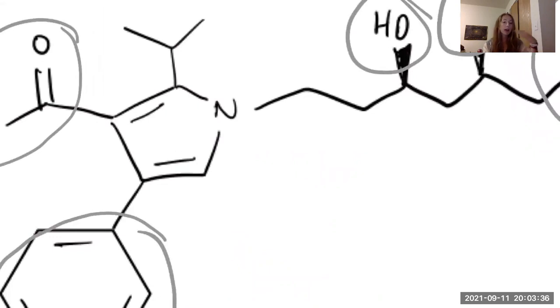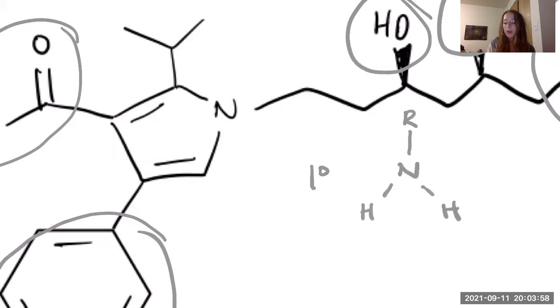If you saw my review video, I went over the difference between primary, secondary, and tertiary amines. A primary amine would be a nitrogen with only one R group. That's why it's primary. The rest would be hydrogens.